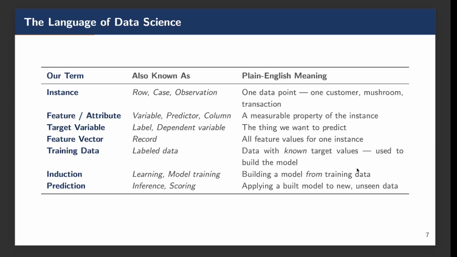Usually the instances are stored in rows and the features and attributes are in columns. So the target variable is the specific thing that we want to predict. For example, individual income. So this is something that we want to predict. And the other variable that we use to predict this income is what we call the feature.